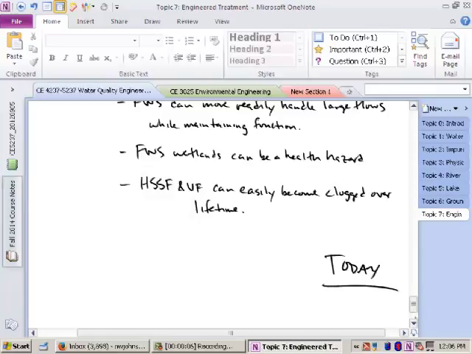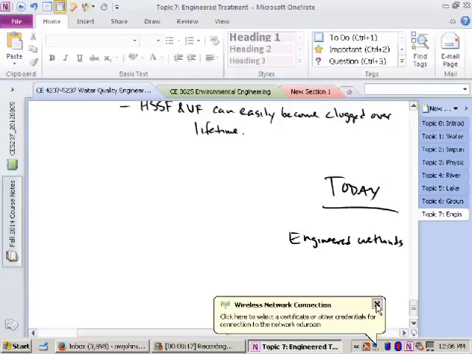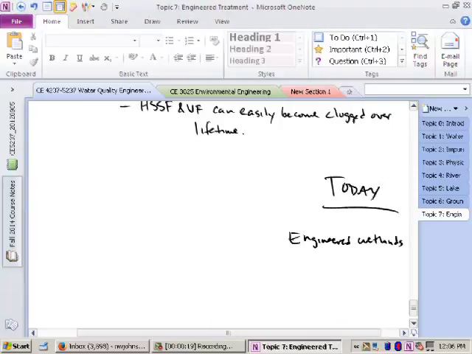Alright, so today we're going to finish talking about engineered wetlands, and specifically, we're going to be talking about quantifying the hydraulics.